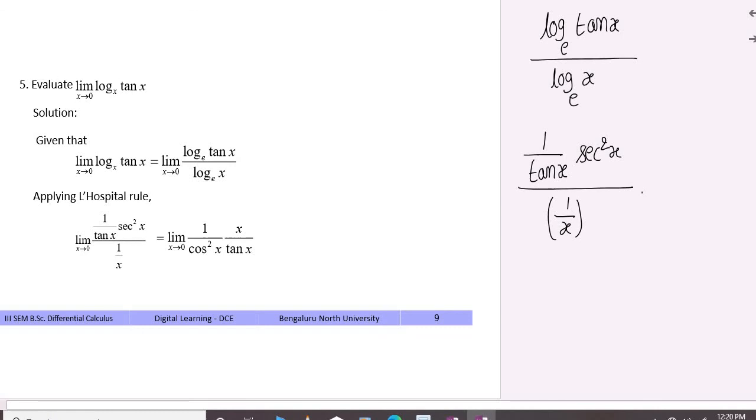Now again we are going to convert this in terms of sin and cos. 1 by x goes to numerator, then it becomes x by tan x into secant square x, which can be written as 1 by cos square x.